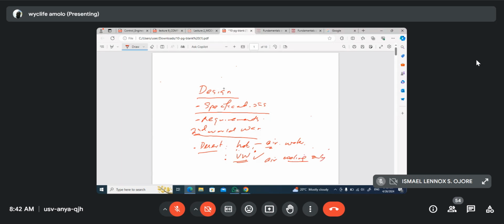So in any control design, we will be given specifications. Maybe somebody wants to get a response, maybe a step. If this is a specified value, then when it is zero, the error is large.